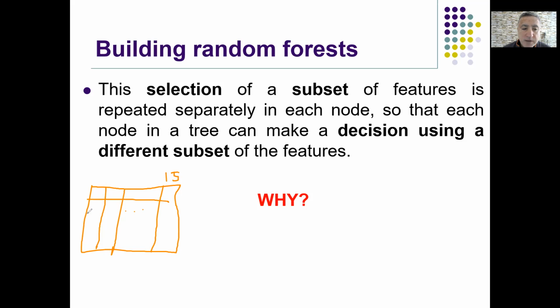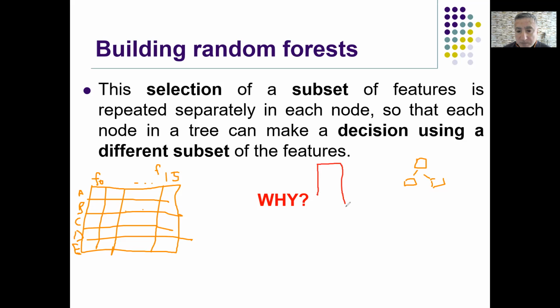And in that train set, assume that we have samples A, B, C, D, E. And these features begin from F0 and let's say F15. Okay. Now, we want to create a decision tree. Okay, one decision tree. But we provide this decision tree only a new data set.